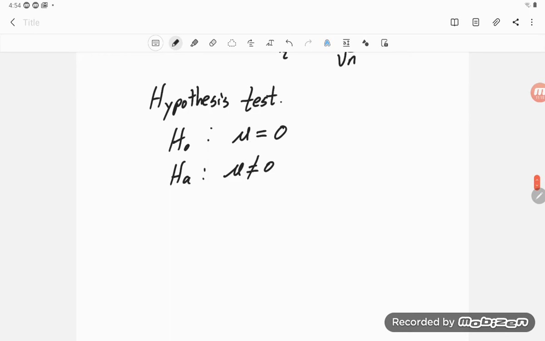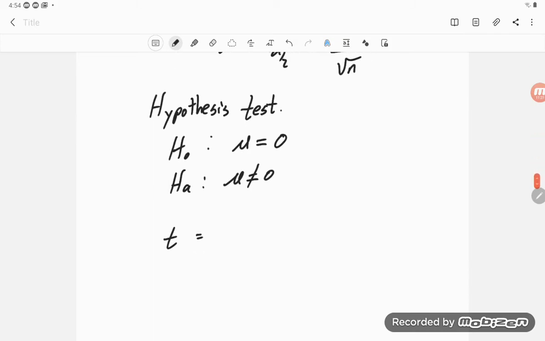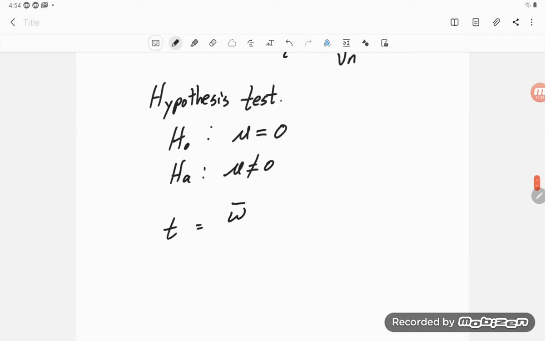And so, since mu is equal to 0, when we create our test statistic t, we would take our, I'll call it W still, W bar, the sample average or sample mean, minus mu, but minus 0, so you don't really notice it, and then divided by the standard error.